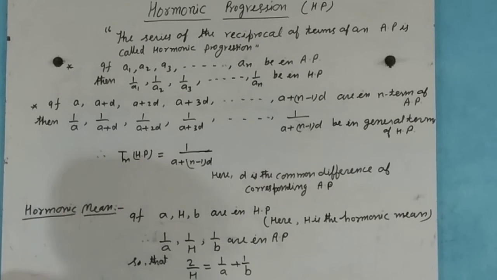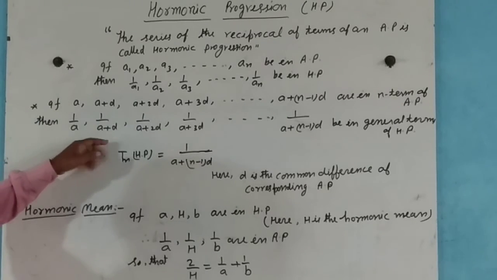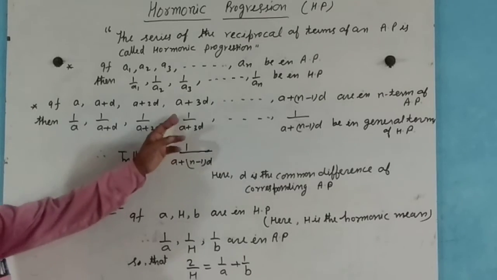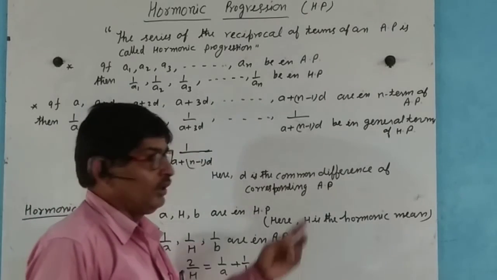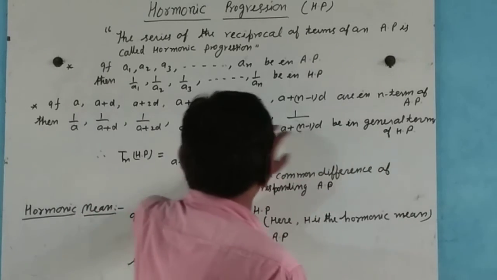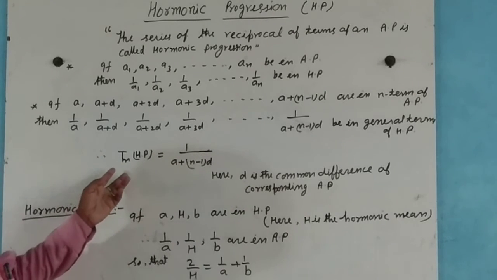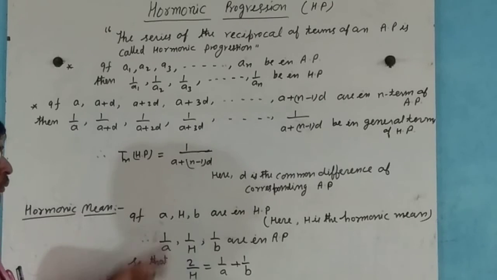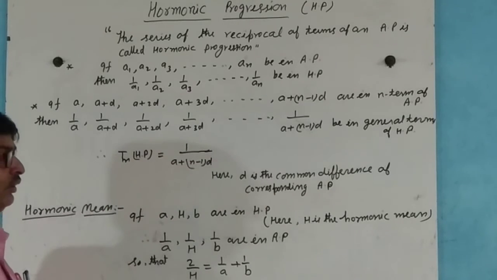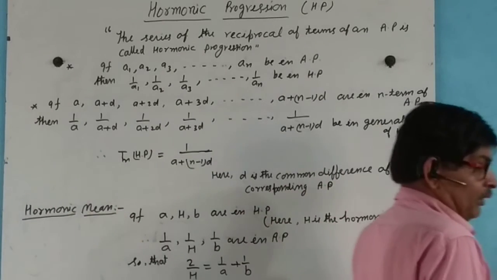Then the reciprocal of each term, like 1 by A plus D, 1 by A plus 2D, 1 by A plus 3D, dot 1 by A plus n minus 1 into D, are in general the terms of an HP. Now we can say that the nth term of an HP equals 1 by A plus n minus 1 into D, where D is the common difference of the corresponding AP.